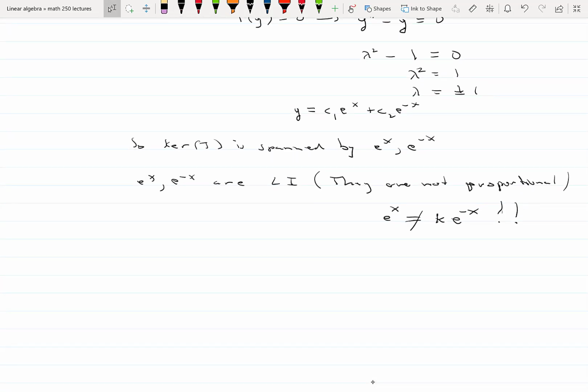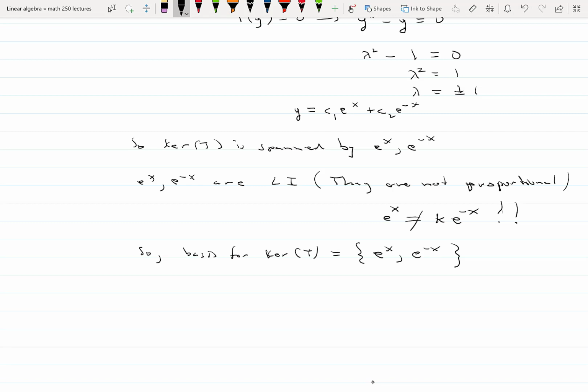One is not made equal to the other by a constant multiple. Constant multiples stretch away from the x-axis, and there's just no way you're going to do that. So a basis for the kernel of T consists of e to the x and e to the minus x.